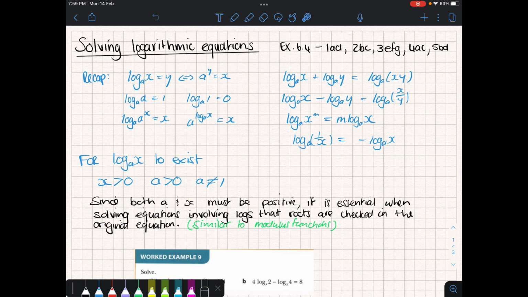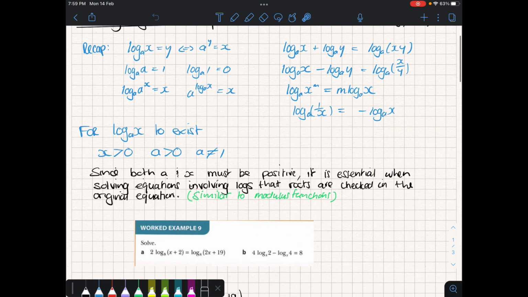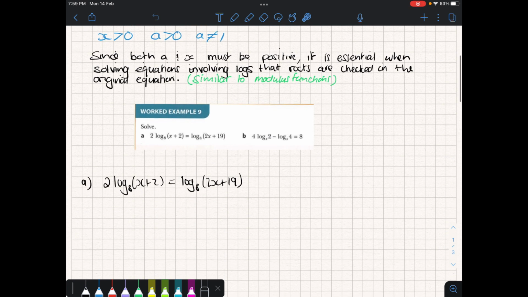Since both the value and the base need to be positive numbers, when we're solving log equations, just like modulus functions, we unfortunately have to check the solutions are valid in the original equation. So with that out of the way, let's get on to solving some log equations.